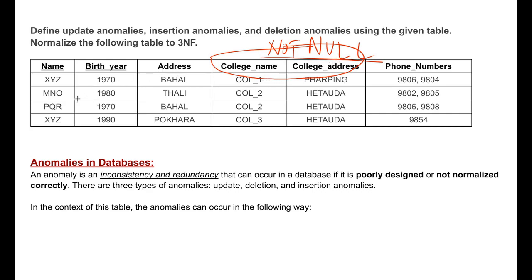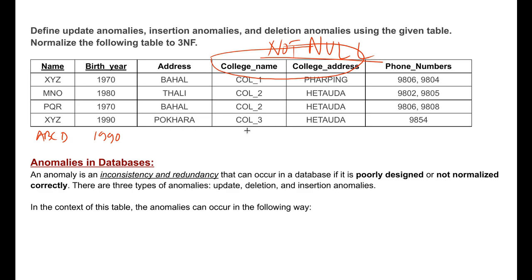If I want to insert a new student ABCD or something like that, whose date of birth is this, and I want to insert this student's record in this table, but this student has not been admitted to any college yet. So this is the situation.